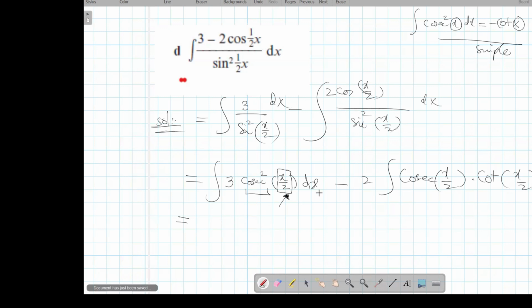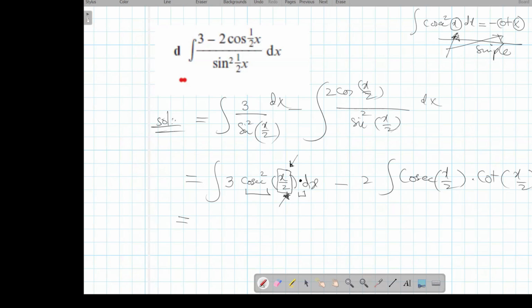If we have some function other than x, then the derivative of this argument function should be available here. If it is not, you have to make it available before integrating.